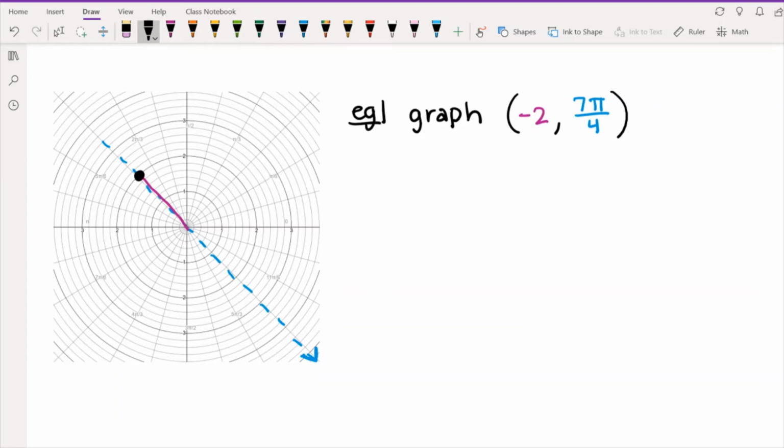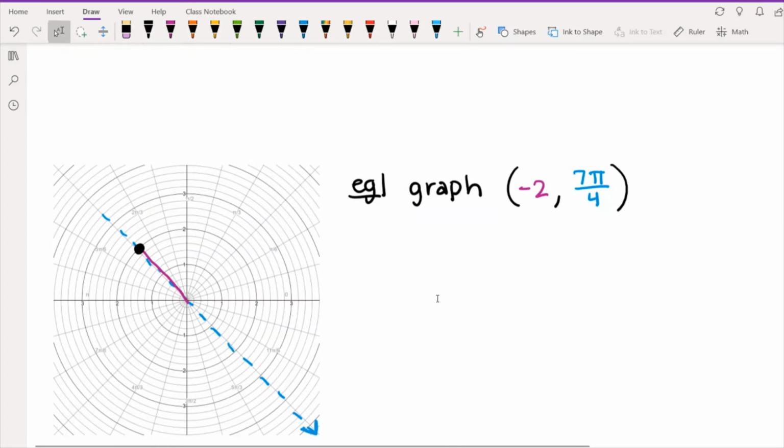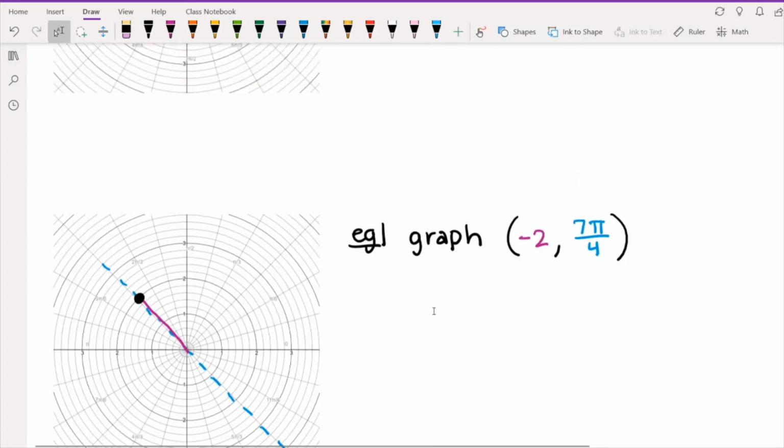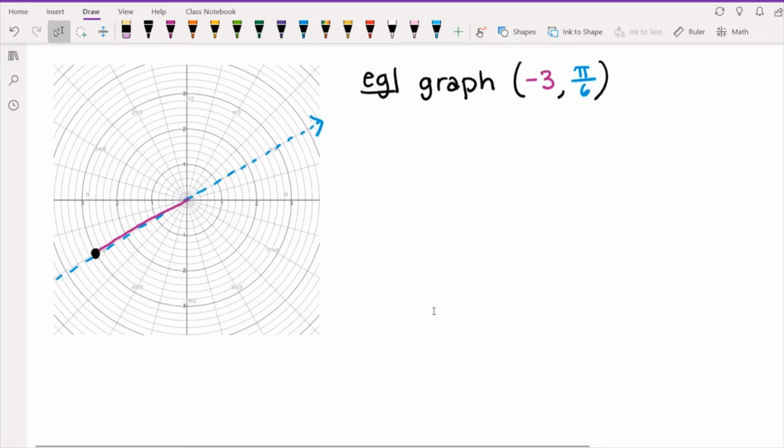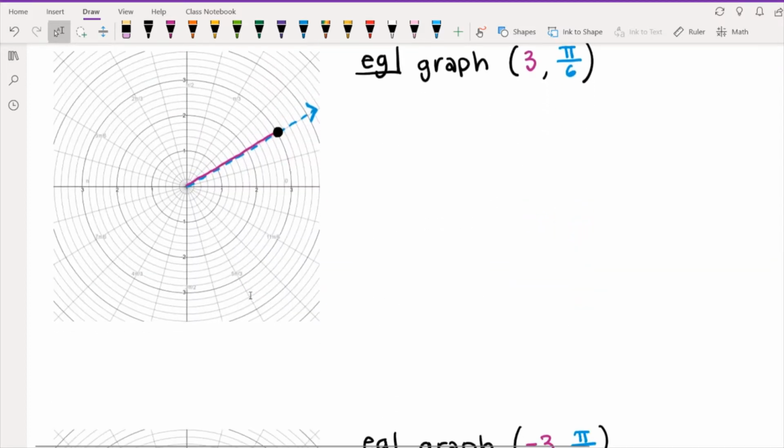So one thing I want to bring up that's kind of important to know and realize about polar coordinates is that unlike rectangular coordinates, there's always going to be infinitely many names that you could give to one given point. So for example, let's say that now we want to find another name for this point.